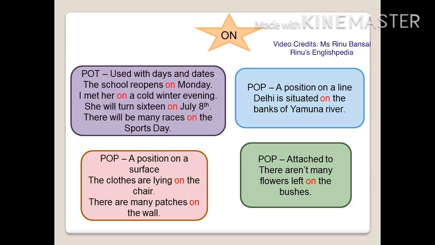For example, the clothes are lying on the chair, or there are many patches on the wall. Again, as a preposition of place, it is used when we are talking about things which are attached to something else. For example, there aren't many flowers left on the bushes, the flowers that are still attached to the bushes.